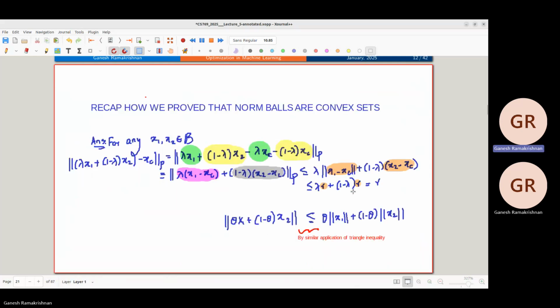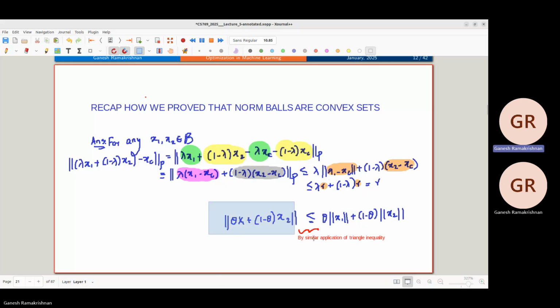Recap how we proved that norm balls are convex. We took the p-norm ball, expressed x as lambda x1 plus 1 minus lambda x2, and invoked the triangle inequality, as you pointed out. The pink and the gray parts are less than or equal to the sum of the orange parts. Now each of these is at most R. The only difference here is that we had an xc.